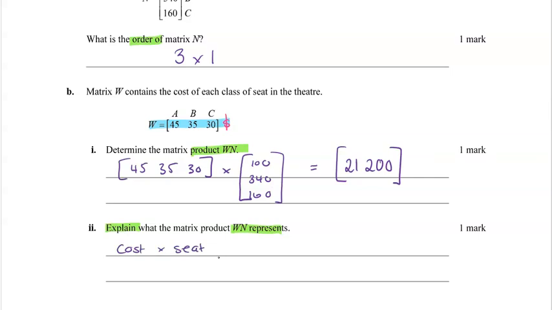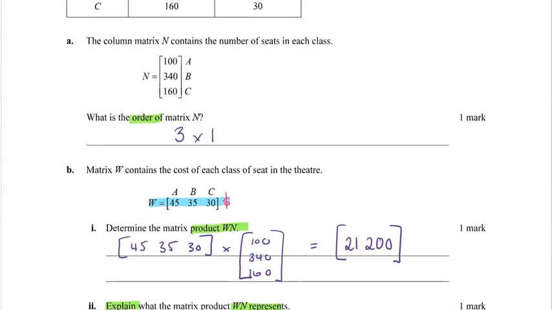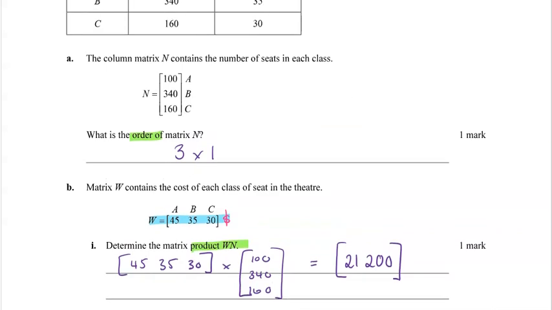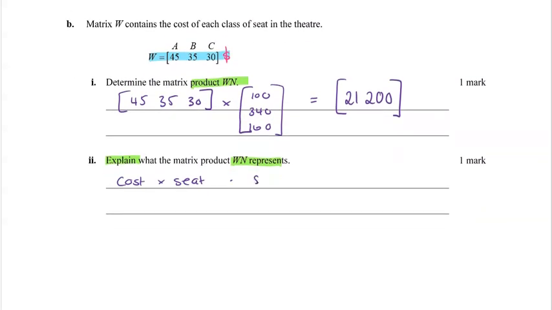in our rows and column headings, and then we were multiplying that by matrix N, which had the seat types or class as the row headers, and the column heading or column label was the number in each class. So we had seat by number. And so our product matrix, along with being the size of those outside values, will actually give us the label for our answer.